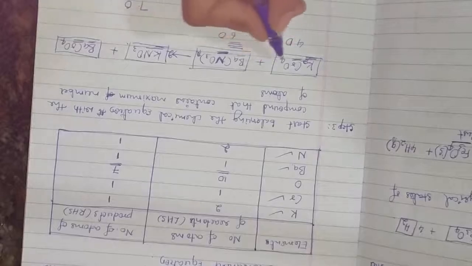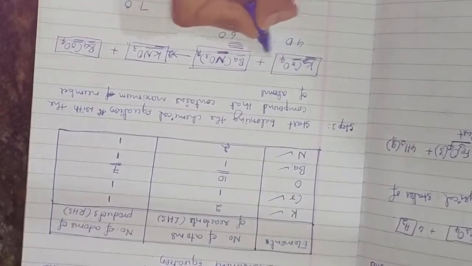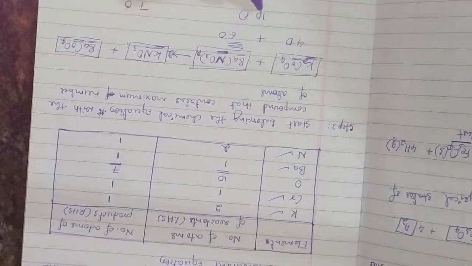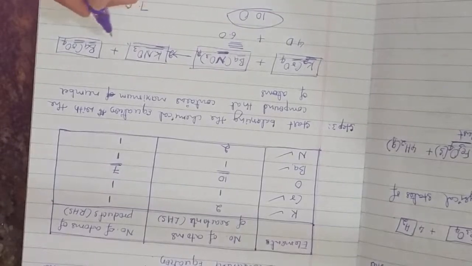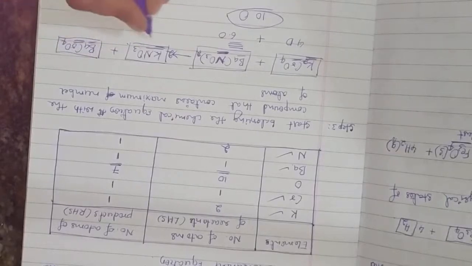Now count the number of oxygen atoms. 4, plus 3 into 2 is 6. 4 plus 6, a total of 10 oxygen atoms are there. Now count the number of oxygen atoms in the product side.